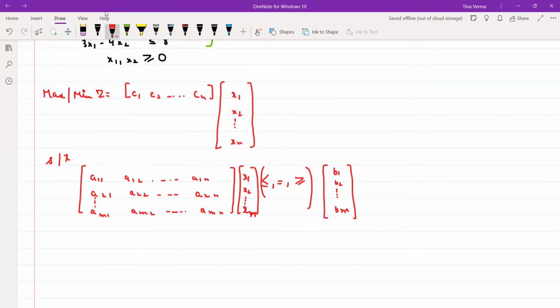So you have written C1 X1, C2 X2. If you multiply these two matrices, this will become C1 X1 plus C2 X2 plus Cn Xn. And the first constraint will become A11 X1 plus A12 X2 and so on up to A1n Xn. The sign can be less, equal, or greater. Then you have B1. Then you have the second constraint.